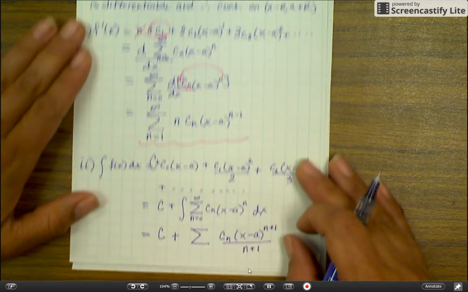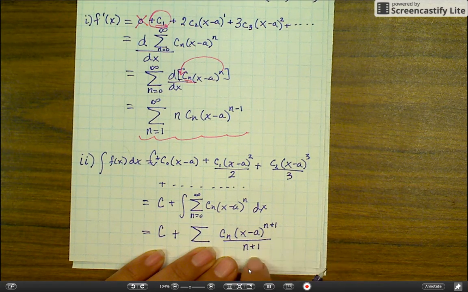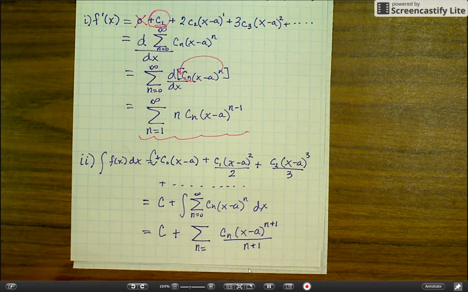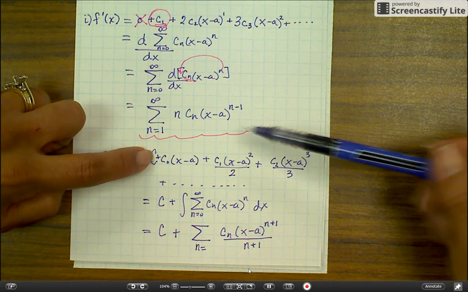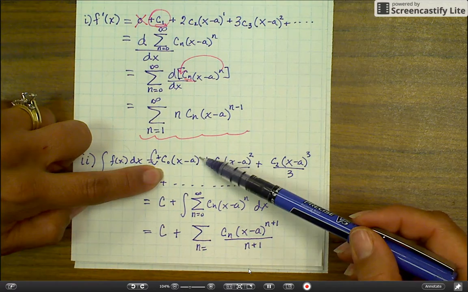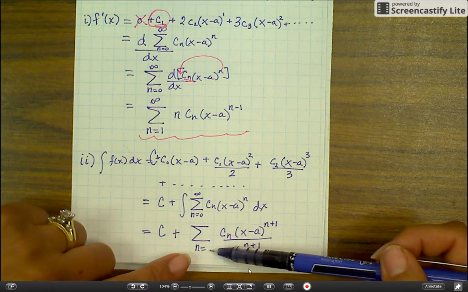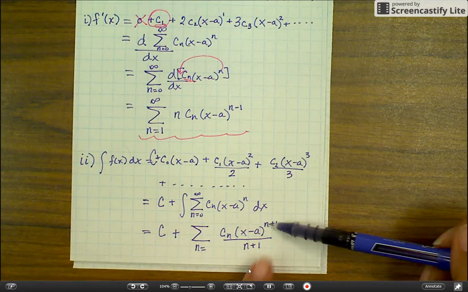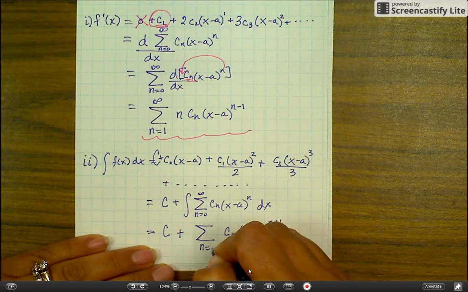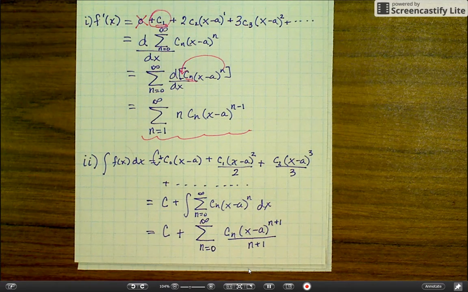Oh, I didn't show you that. There you go. Bless you. n plus 1 divided by n plus 1. Now let's just double check. What does our n have to equal? So I go back to this. I've got my c. This n is 0. And if it was 0 and I put plus 1, that'll get me to the first power, right? If my n was 1, then that's 1, and if I put 1 there, that'll get me to my second power divided by 2. So that means we have to start off at n equal to 0 to infinity.